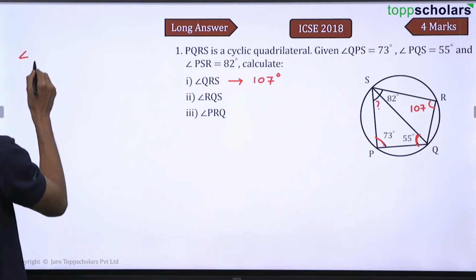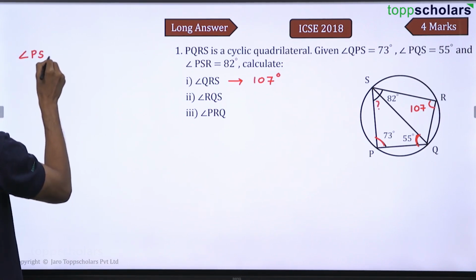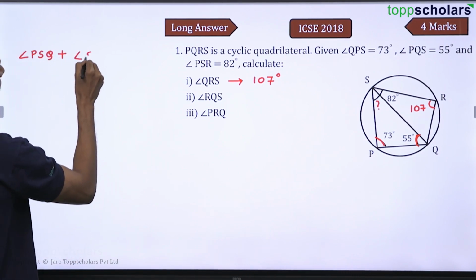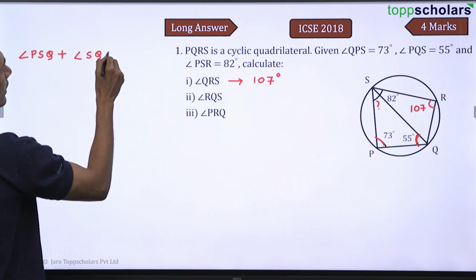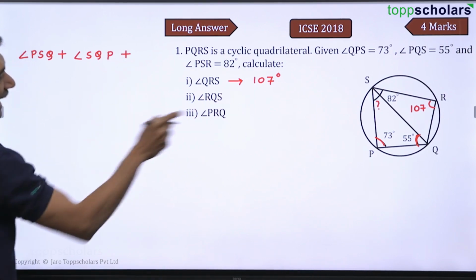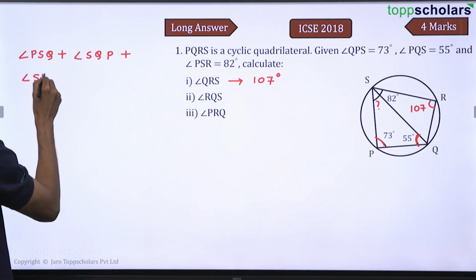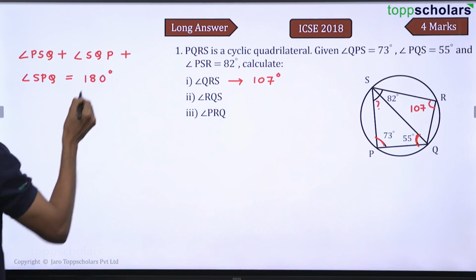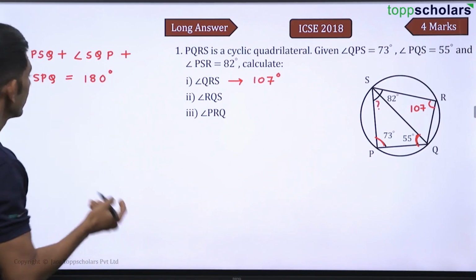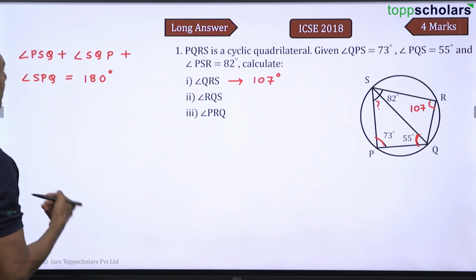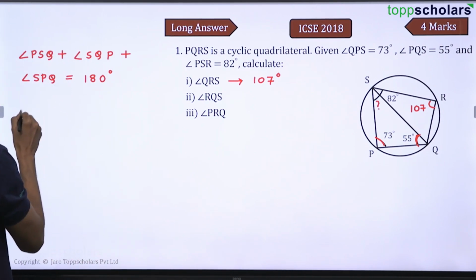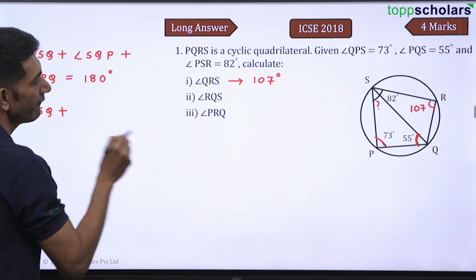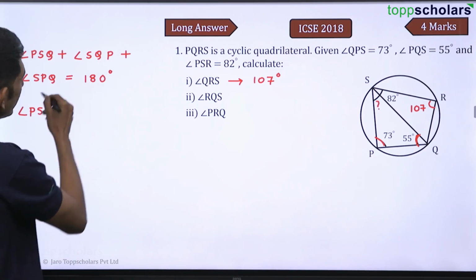Angle PSQ plus angle SQP plus angle SPQ, that is 180 degrees, because sum of all angles of a triangle is 180. Now out of which the two angles are given 73 and 55. So can I say angle PSQ plus we have SPQ and SQP.